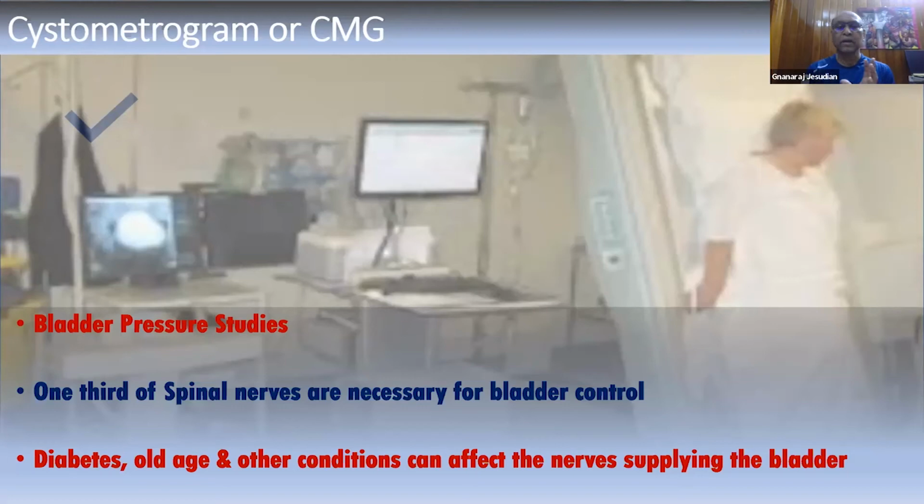It helps in differentiating the cause of the symptom, whether it is due to neurological problems, which are possible because about 1/3 of the spinal cord nerves are for controlling the bladder. With diabetes, old age, injuries, any of these conditions can affect the nerve supply to the bladder. So it is important to find out what is the cause of the obstruction and whether treatment by surgery would benefit or not.